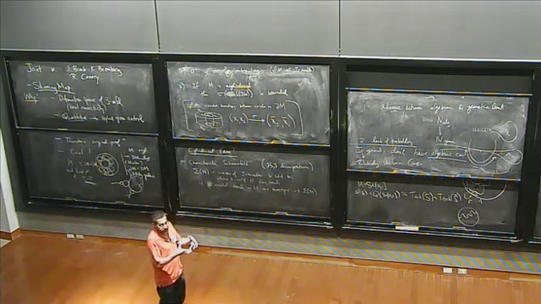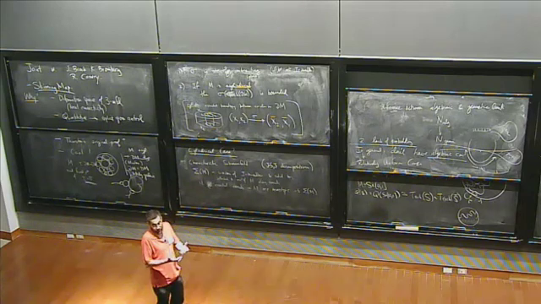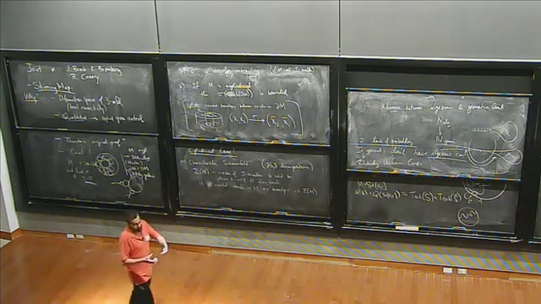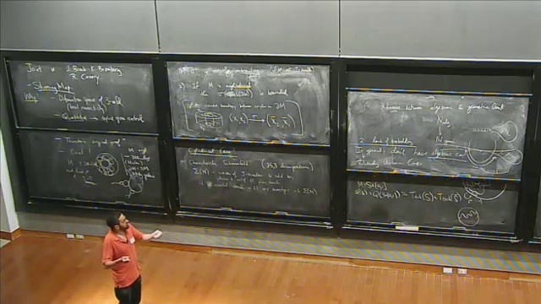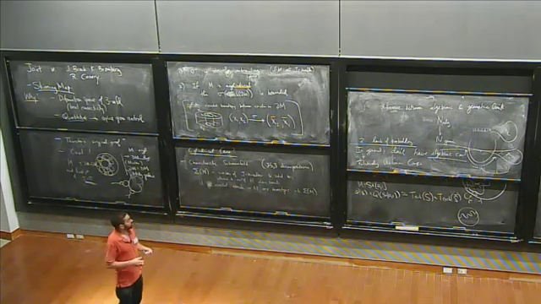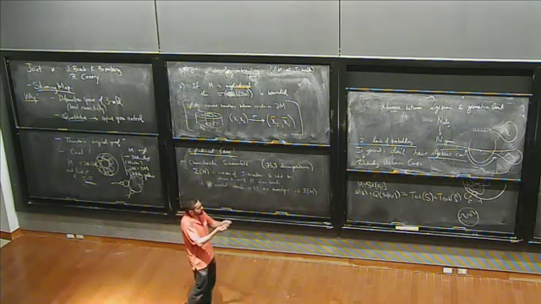If you have an acylindrical manifold and you have a sequence of representations, if they don't converge, then something is blowing up somewhere. The way we now think about this kind of thing is you can take hyperbolic space and rescale it, and you get an R-tree in the limit. So now you get in the limit a representation of the group on an R-tree. And if a group acts on an R-tree, it's a special kind of action.